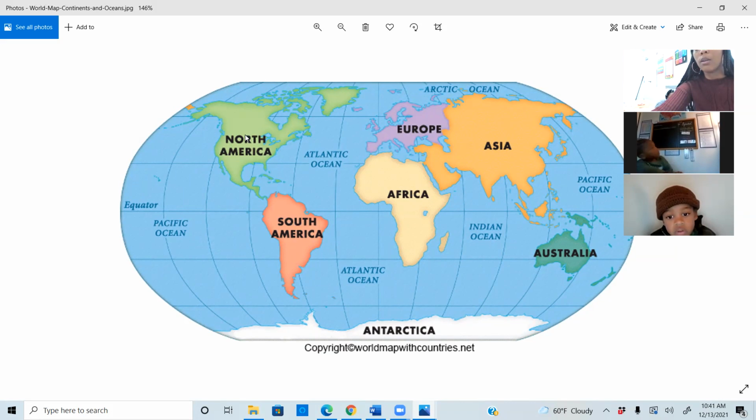So again, these are your continents: North America, South America, Africa, Europe, Asia, Australia, Antarctica. Then our 4 large bodies of water, which are called the oceans, are the Pacific Ocean, Atlantic Ocean, Indian Ocean, and the Arctic Ocean.